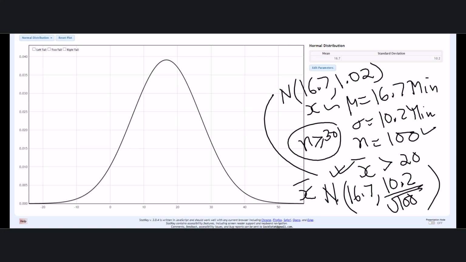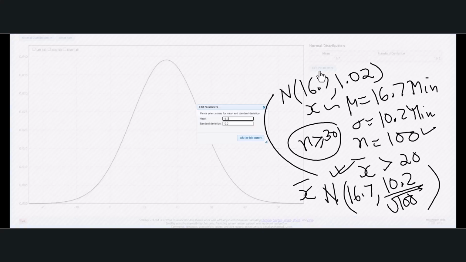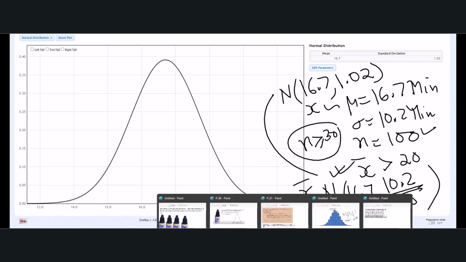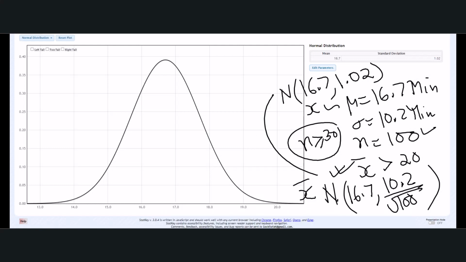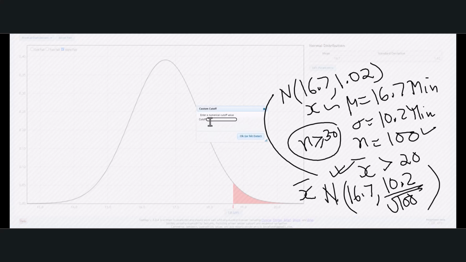So now we will change the parameters again. Let's edit the parameters. So here 16.7 remains the same, but the standard deviation goes down by a factor of 10. When we do that, let's go for the right tail. And for the right tail, which value do we want here? We want the value 20.